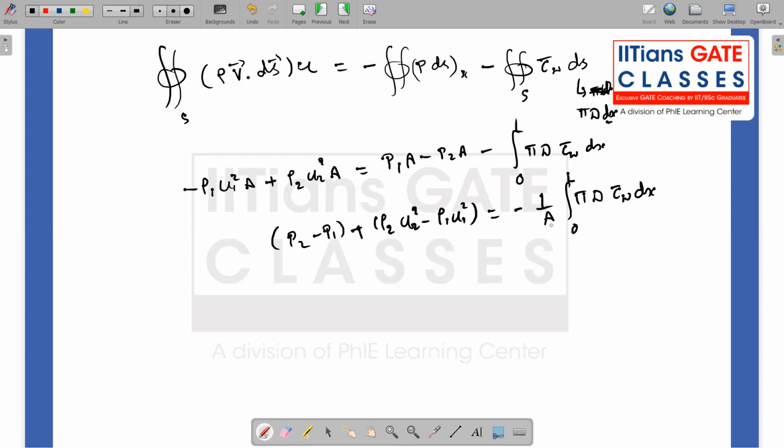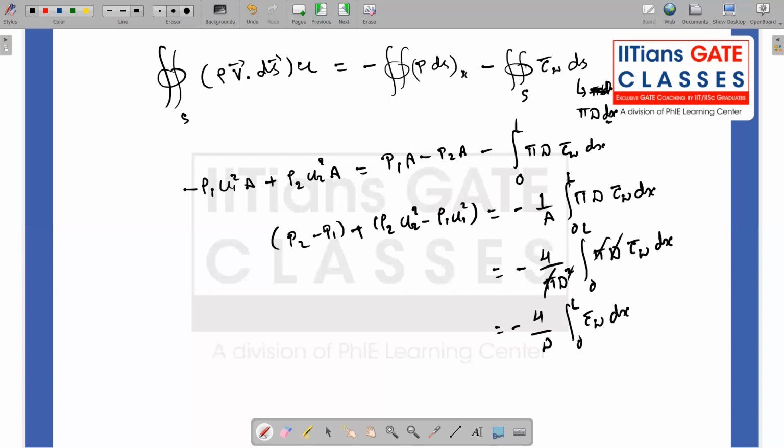Area is pi d square by 4, so I can write 4 divided by pi d square times the integral from 0 to L of pi d tau w dx. Since d and pi are constant for a given duct, pi gets cancelled and one d gets cancelled. All I get is minus 4 divided by d times the integral over the length of tau w dx.